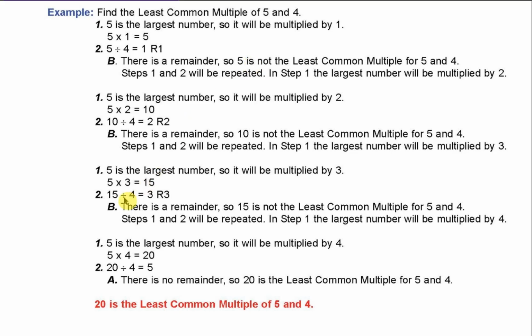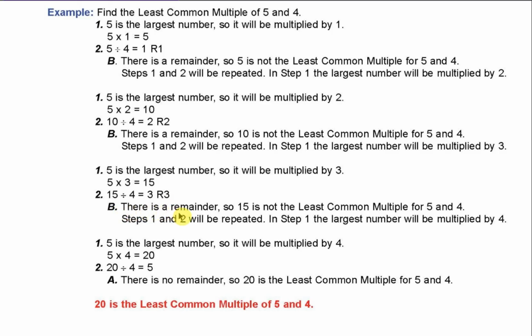So we will divide 15 by 4. 15 divided by 4 equals 3 with a remainder of 3.